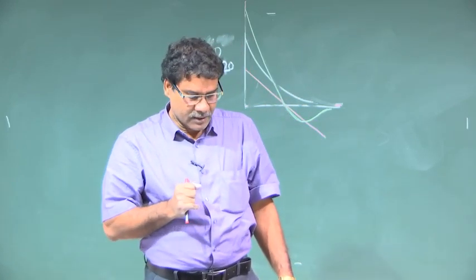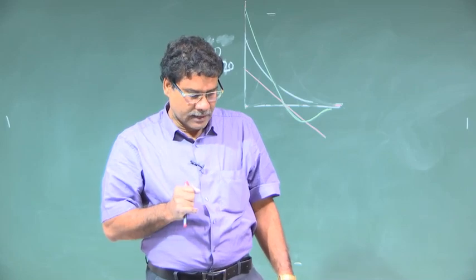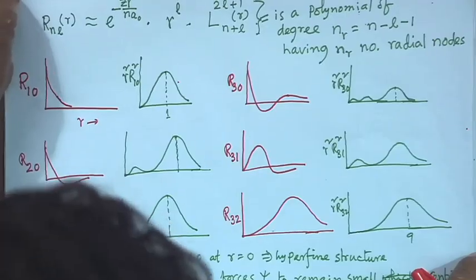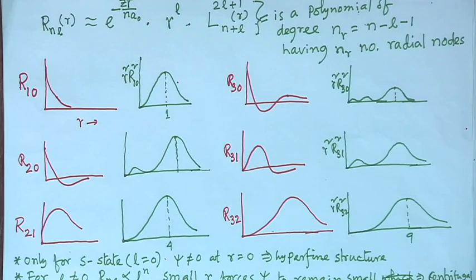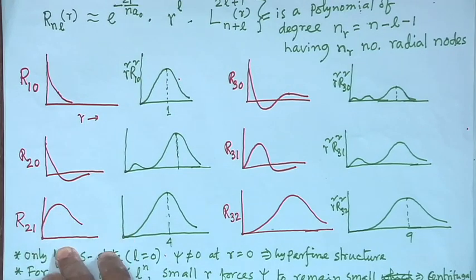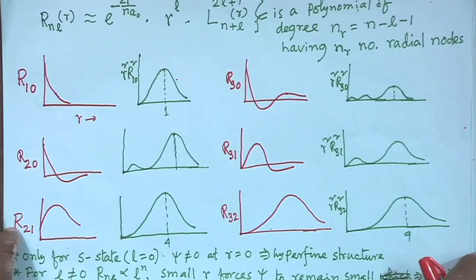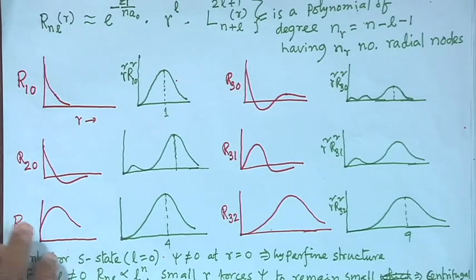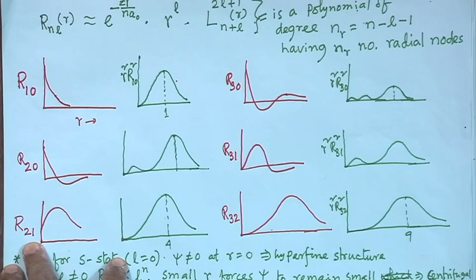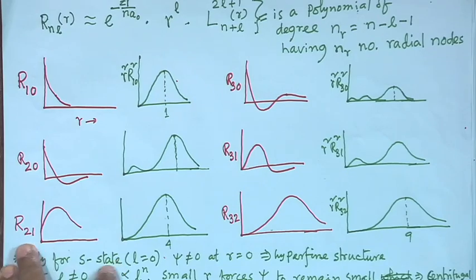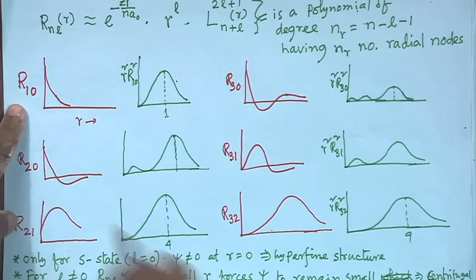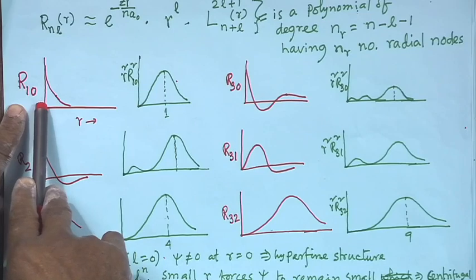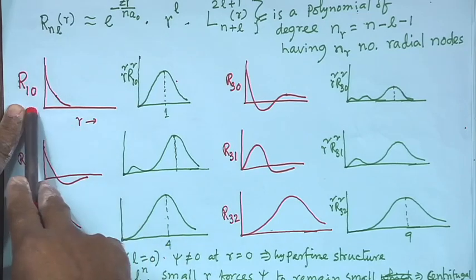Anyway, without seeing this wave function, I can also plot if I know the degree of the polynomial, that is nr. For nl, in this case n is 1, l is 0.